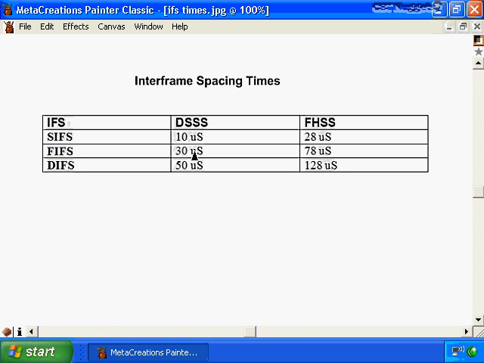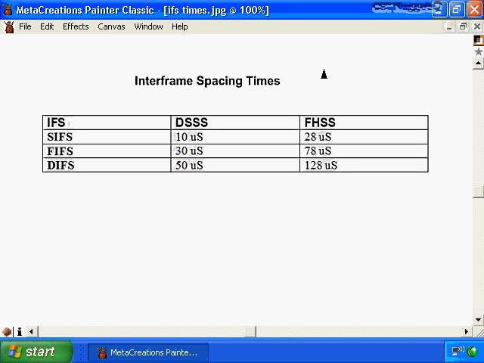So you can see that the duration of time increases as we go down the list from SIFS to PIFS and DIFS. Say these 10 times fast. So we're going from 10 to 30 to 50, and from 28 to 78 to 128 microseconds.